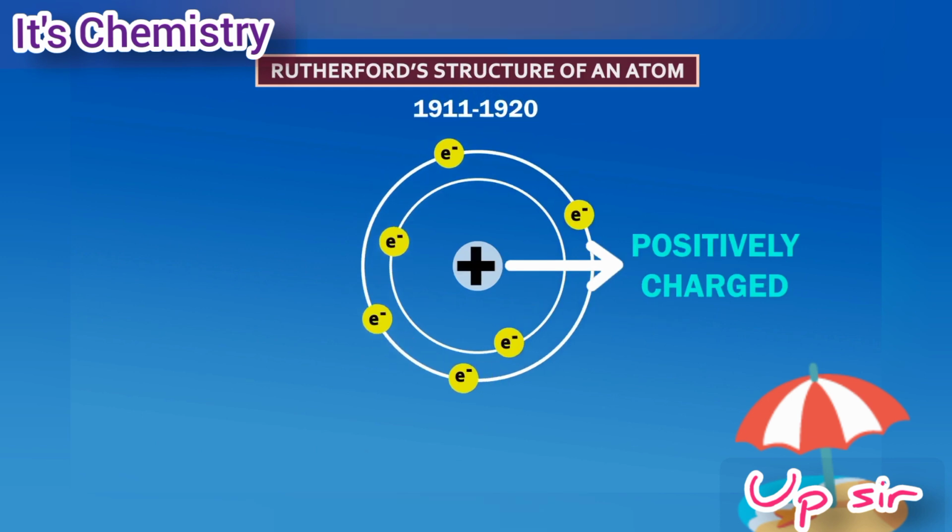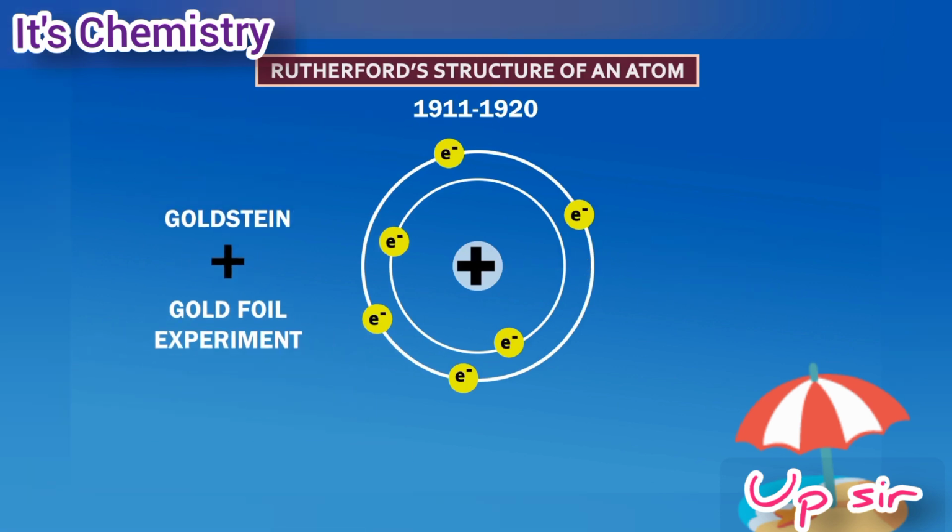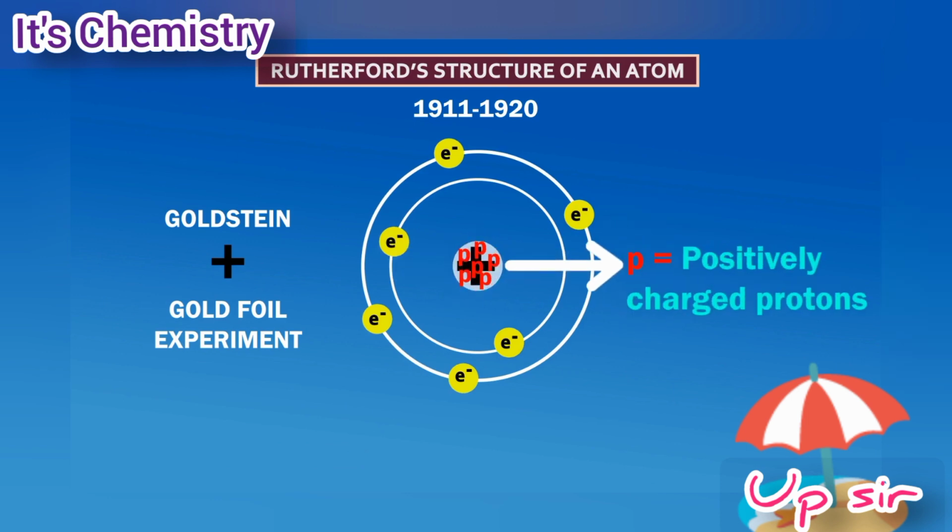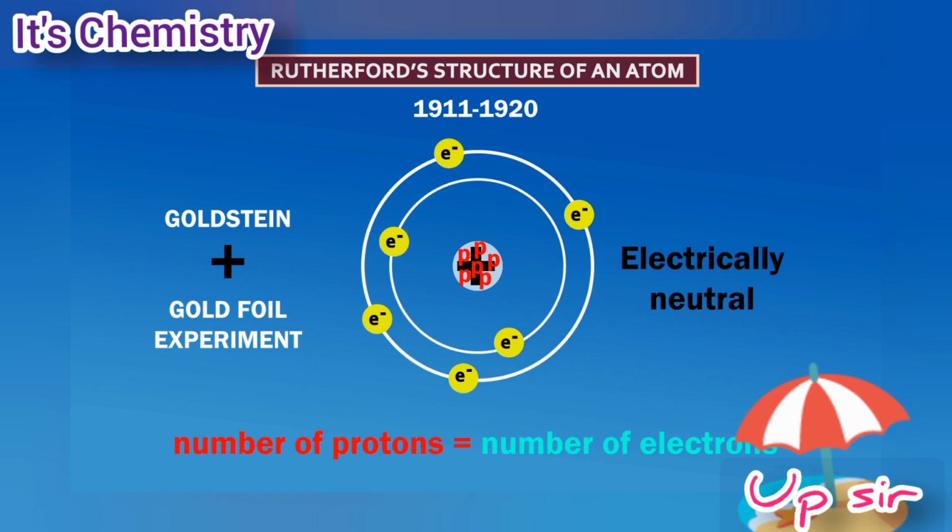Between the years 1911 to 1920, using the observation of Goldstein and the gold foil experiment, Rutherford came to the conclusion that the positive charge of the nucleus is because of positively charged protons. In an atom, the number of protons is equal to the number of electrons, and thus an atom is naturally neutral.